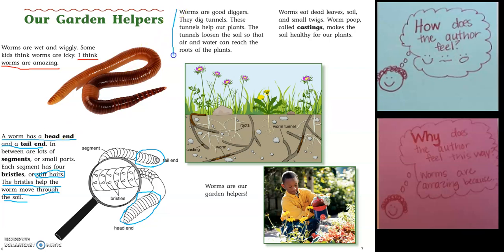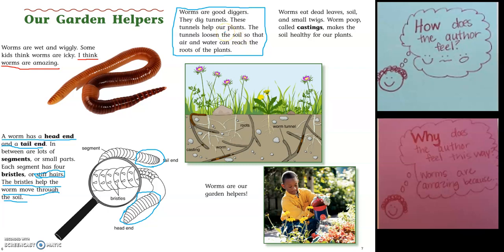This passage has a fact about a worm that may give a reason as to how the author feels about worms. So what we're going to do is I want you to listen to me read this passage, and then I want you to think about what could be the reason in this paragraph that tells why the author feels that way. Here we go.